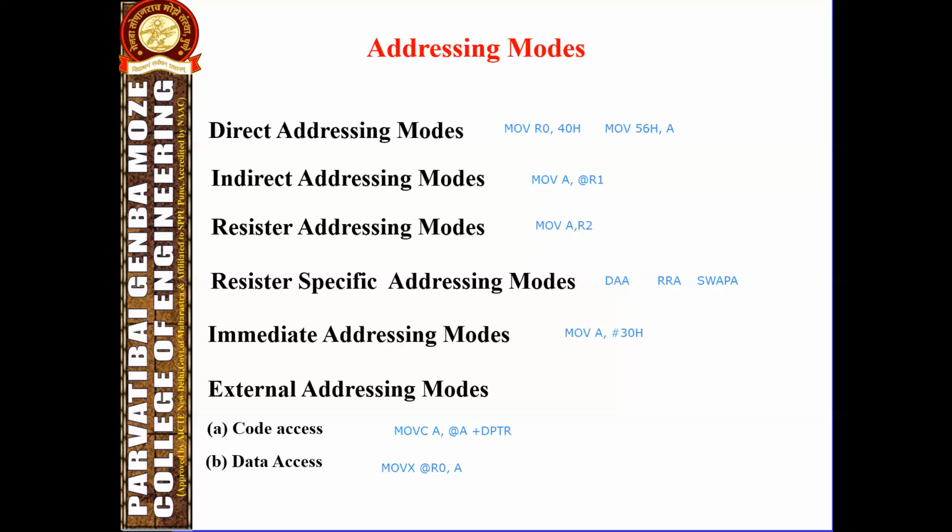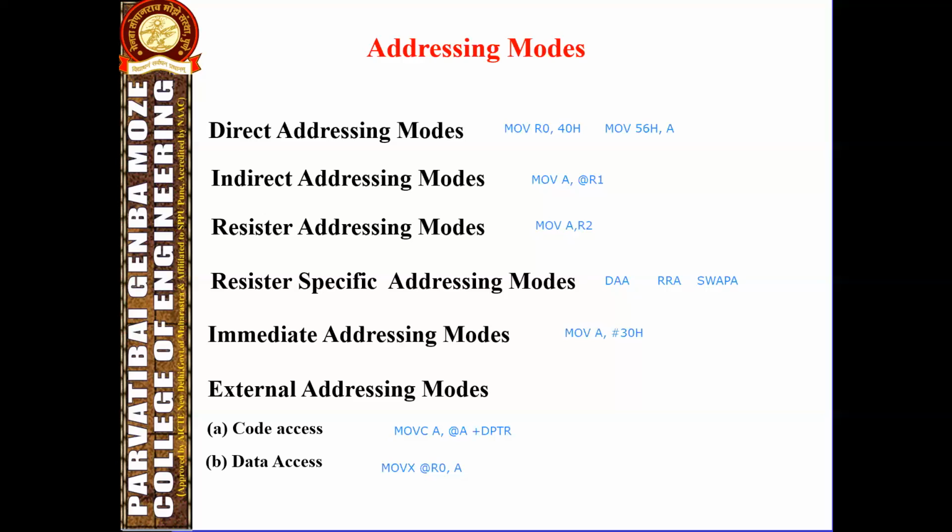The direct data which we want to provide, we can provide to that register directly by using the hash sign. The hash sign is very important here. Hash indicates the data followed is an immediate operand. So MOV A, #30H is nothing but copy the immediate value 30H to the accumulator. This is one example of immediate addressing mode.